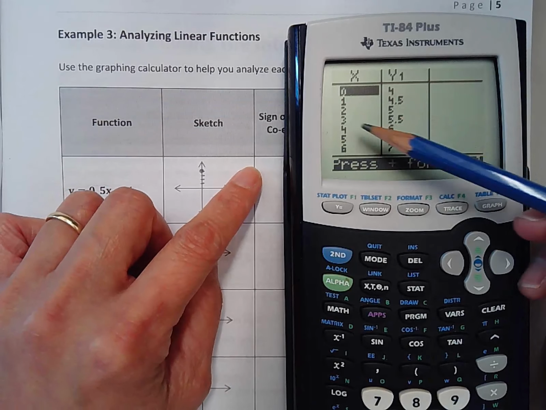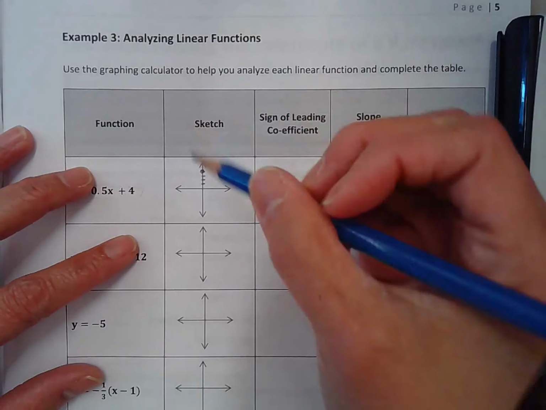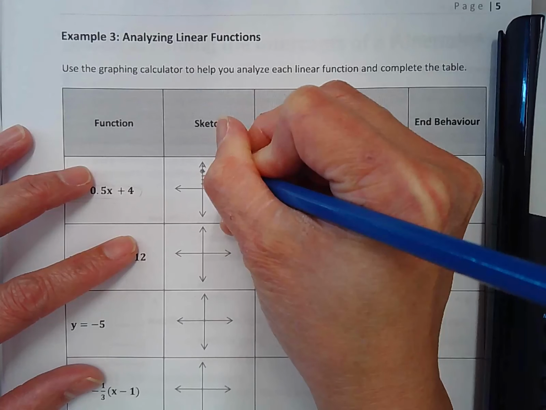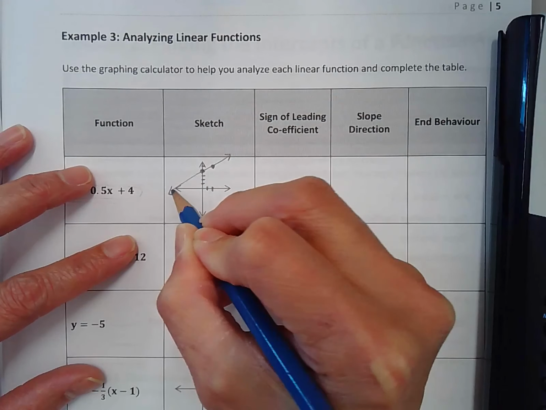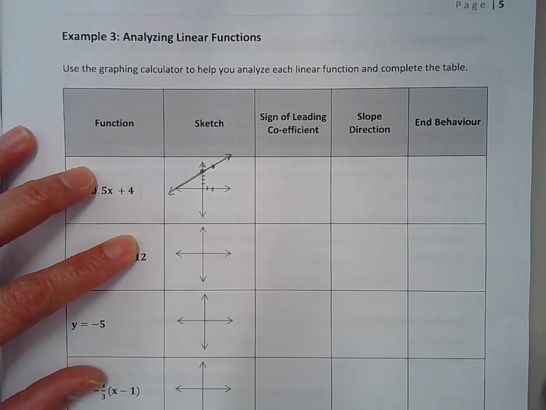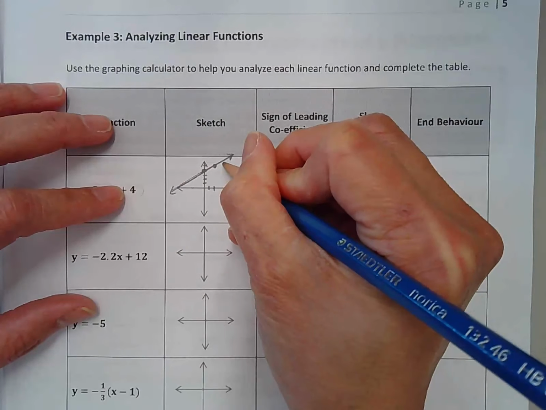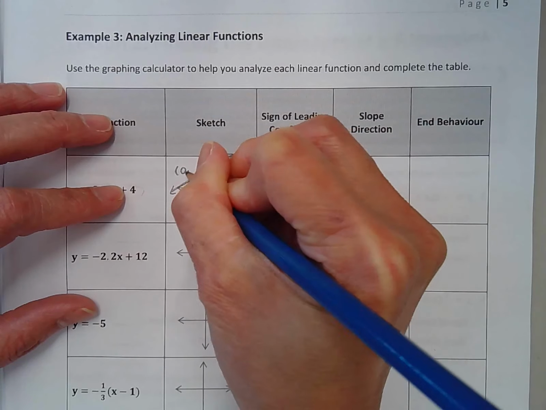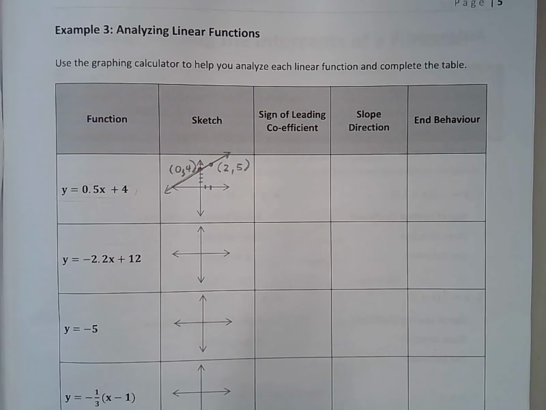And another easy one would be 2, 5. Okay, so far so good. So we have 2 points here: 2, 5, and then the other one is 0, 4. Those are the 2 points that we are using.